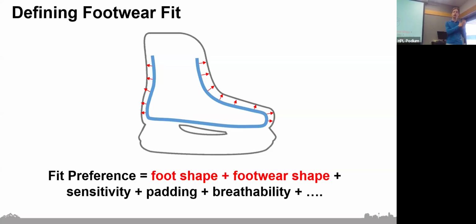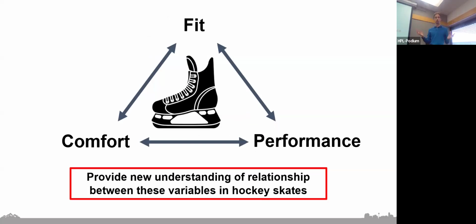But I do believe that if we're able to move the needle just a little bit in the right direction, develop our understanding a little bit more, then we can develop skates and footwear that are better suited to our bodies and allow us to move in the way that we want to. And perhaps with all this data that we're collecting, this study can help us determine links between fit, comfort, and performance in a way that's never been done before in hockey skates.